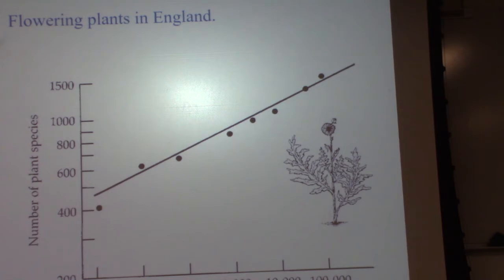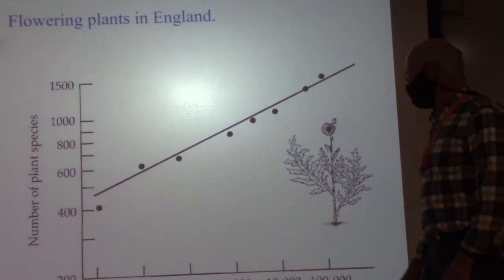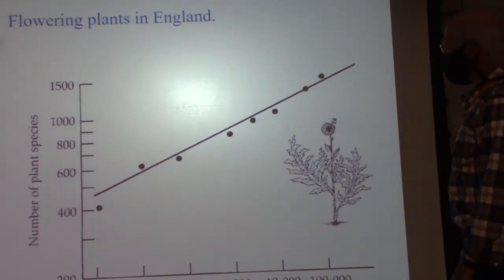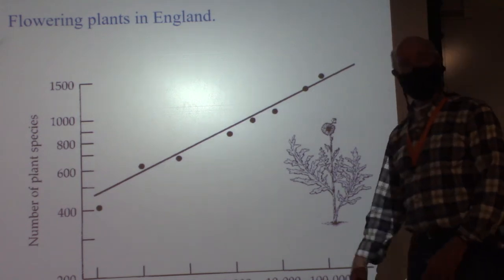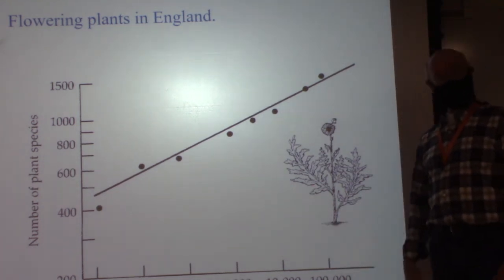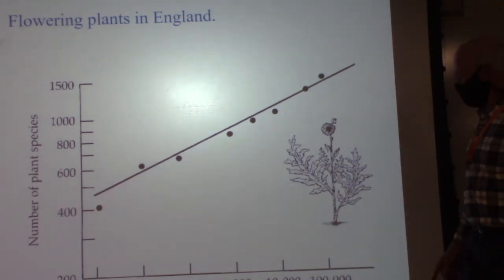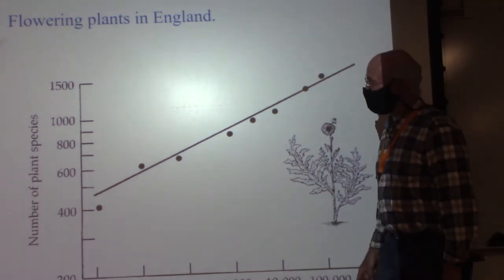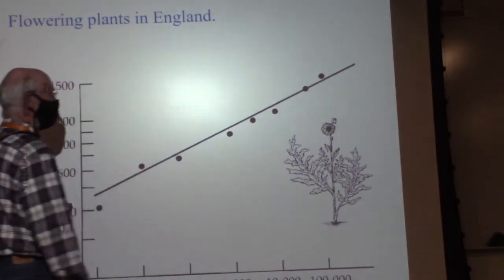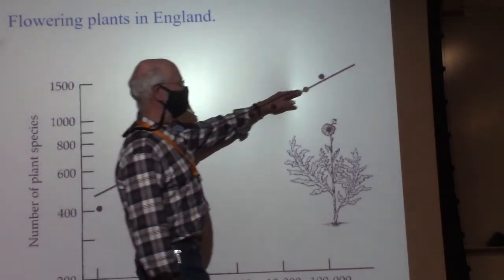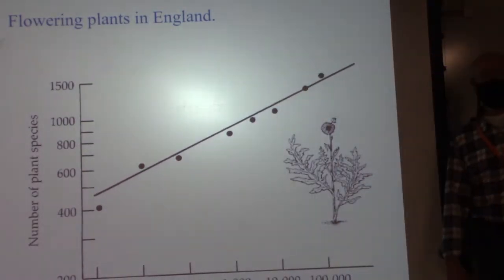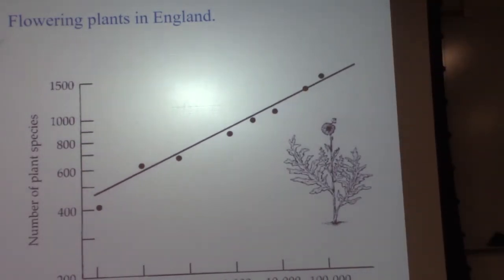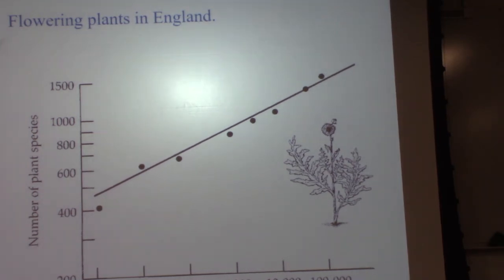Let's look at other examples. Let's look at flowering plants in England, and some different forest patches. Let's look at area in square miles and number of plant species. It's the same pattern: number of species increases with area.